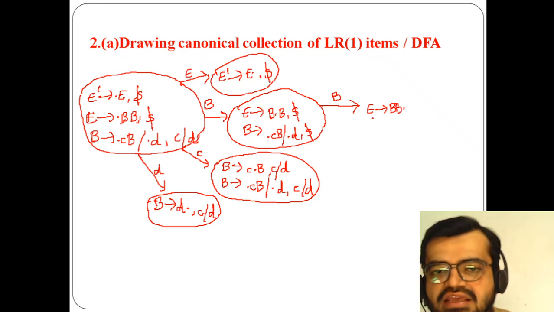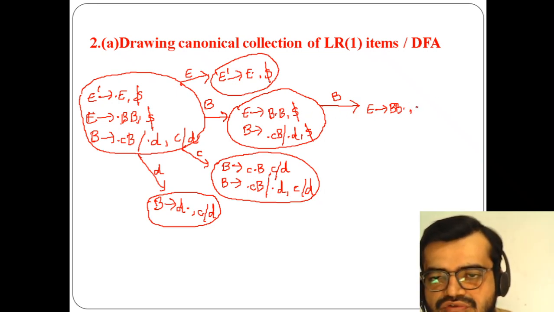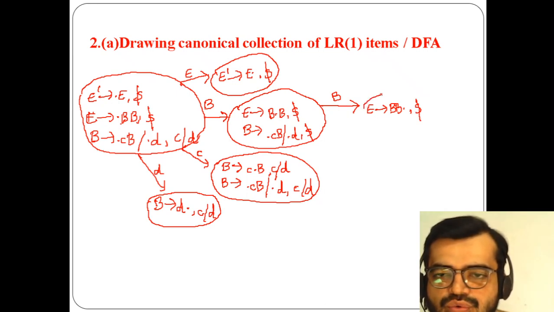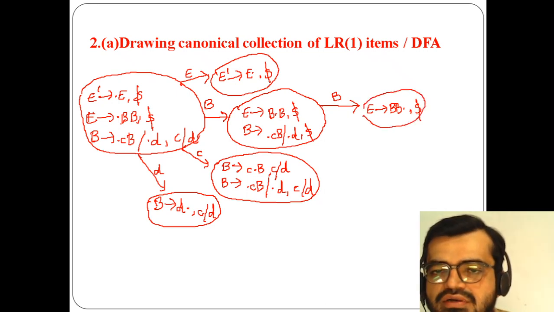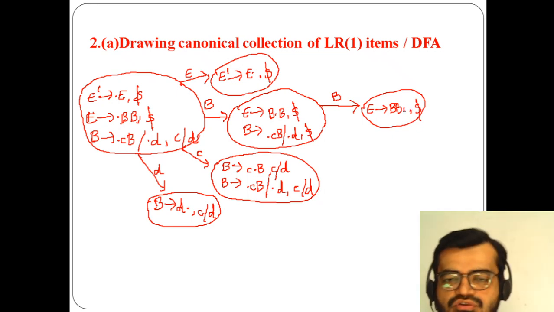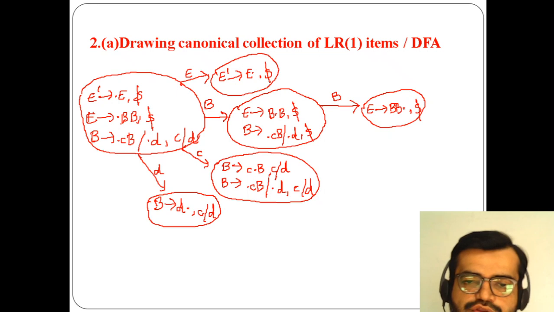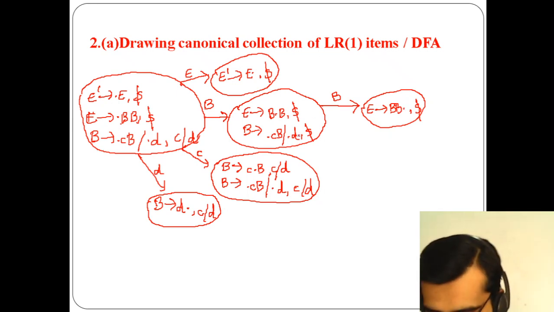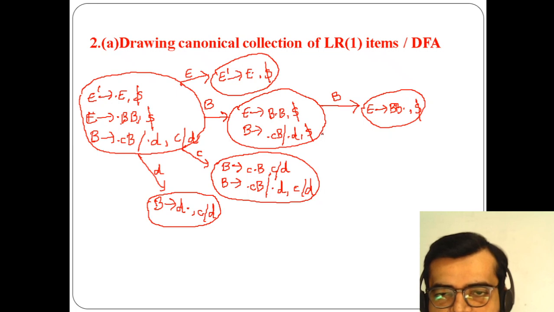The same look ahead symbol has to be used, so I'm using dollar here. After that, is there anything else? No, nothing. So here it is completed, because after the dot there is neither a terminal nor a non-terminal. After this, we go with the second production.